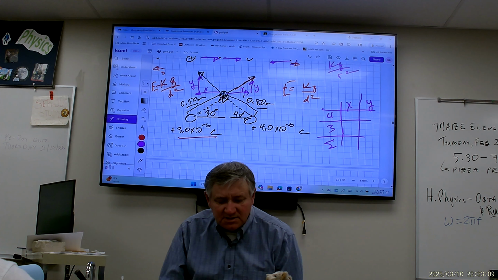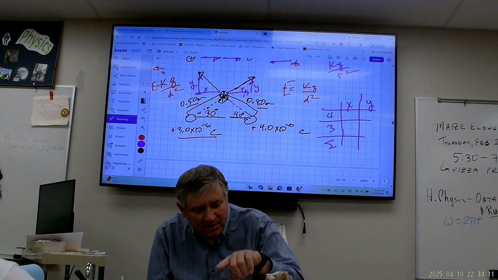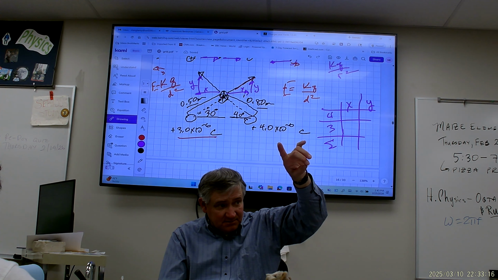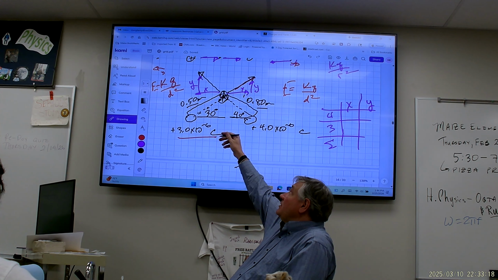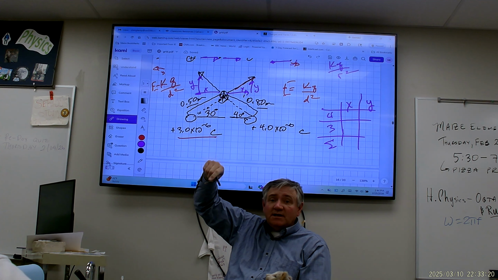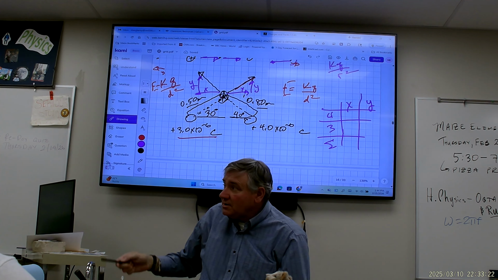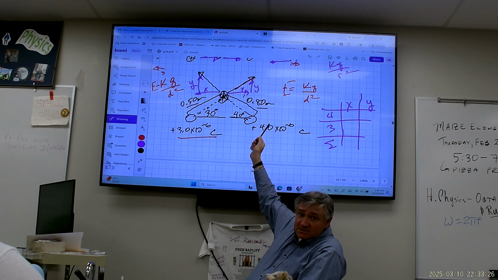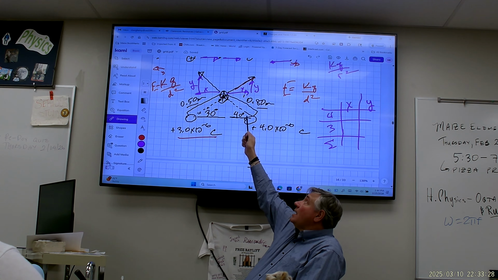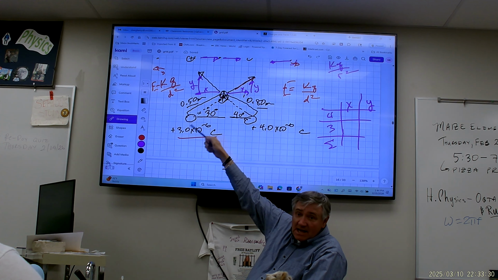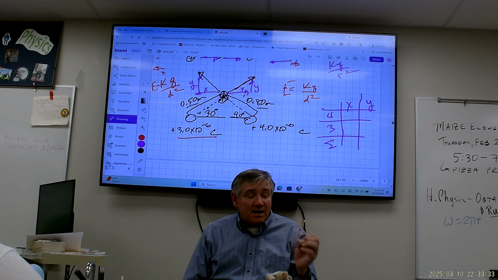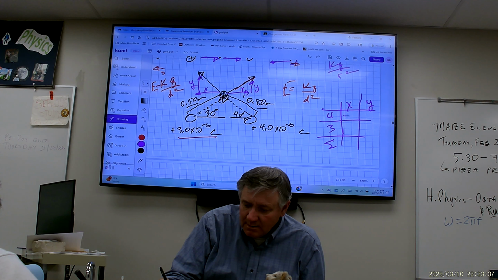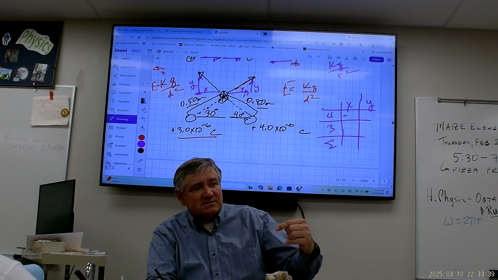X and Y components. So the X component from the 4 times 10 to the negative 6, is that X component going to be a positive or negative value? From this 4 coulomb charge, negative. And the 3 component is going to have a positive.